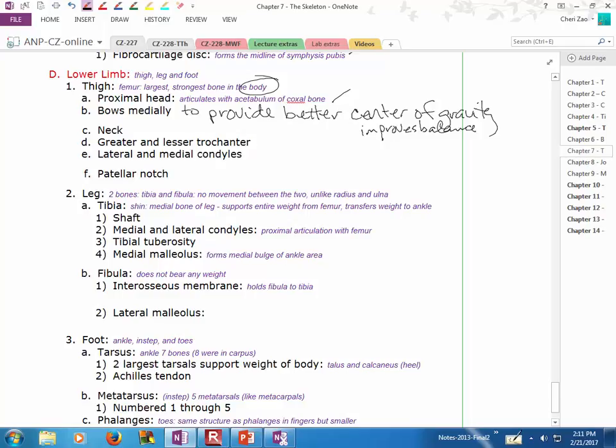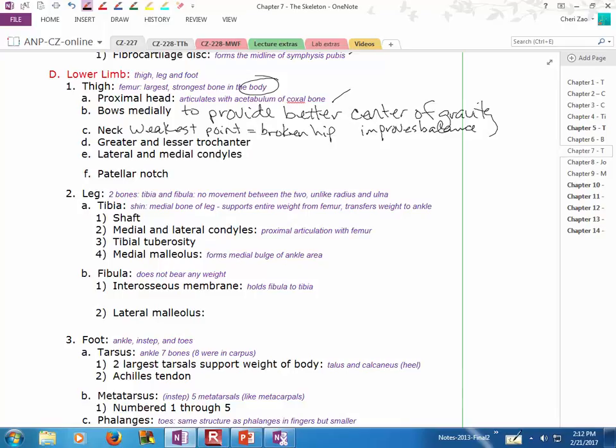The neck is the actual weakest point of this bone. And if it's the weakest point of the bone, that means whenever you have a fracture of the bone, this is the more common area that a fracture would occur. And indeed, when somebody says they broke their hip, this is what they're telling you. This is what a broken hip is, a break in the neck.